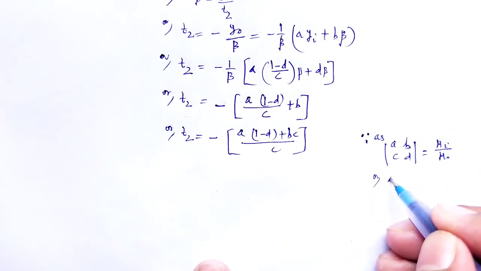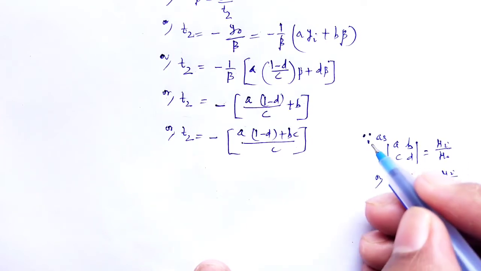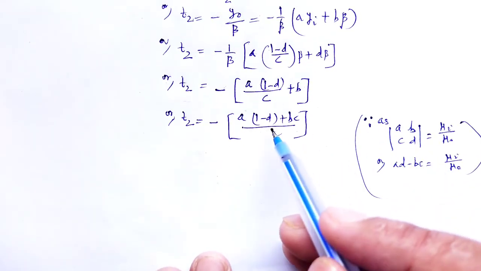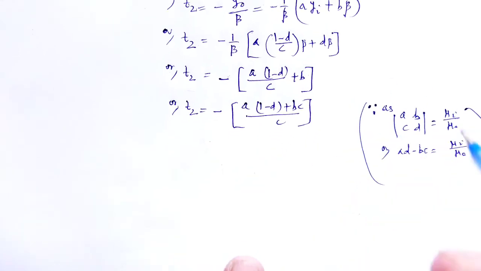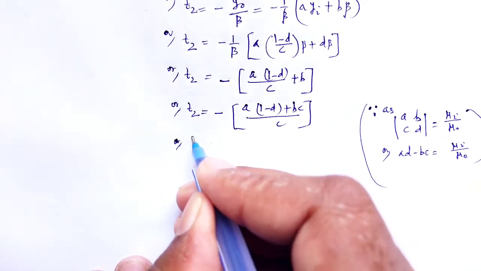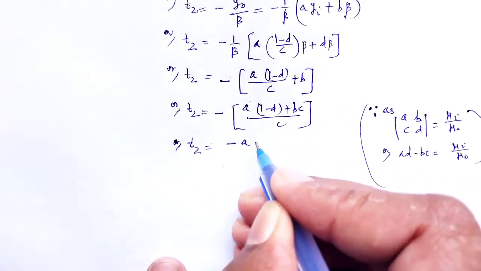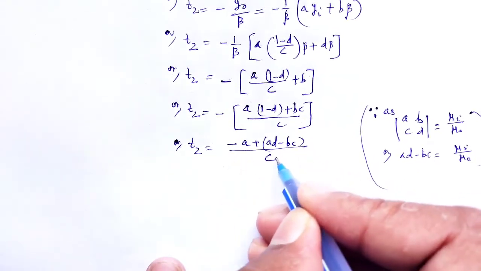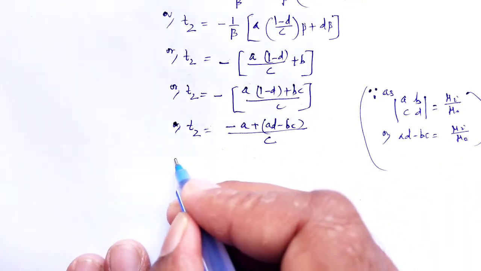Solving the determinant, AD minus BC is equal to mu y divided by mu naught. So instead of AD minus BC, we can take it here. Solving that bracket term, it will be minus A plus (AD minus BC) divided by C. In place of AD minus BC, I can substitute mu y by mu naught.